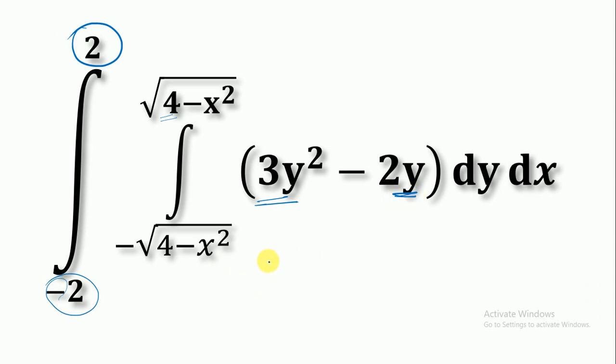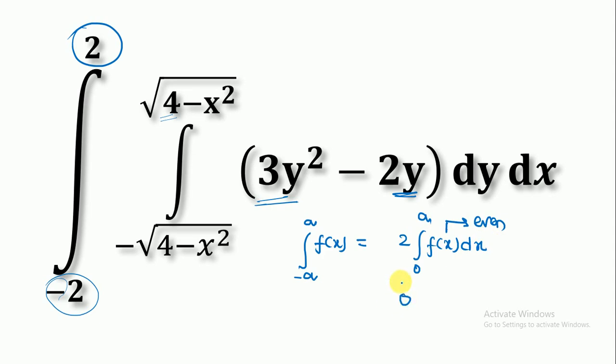As we know from the very basic integral property, the integral from minus a to a of a function f of x will be equal to 2 times the integral from 0 to a of f of x dx when the function f of x is even, and equal to 0 when the given function f of x is odd.